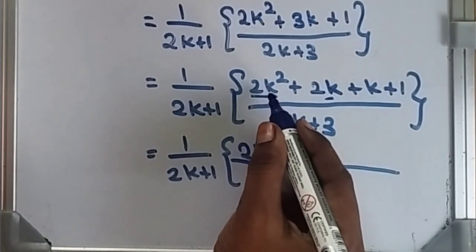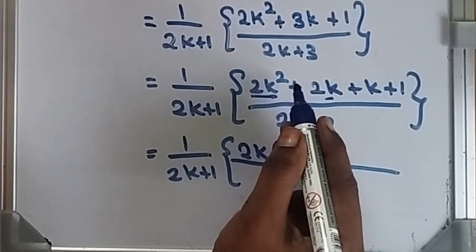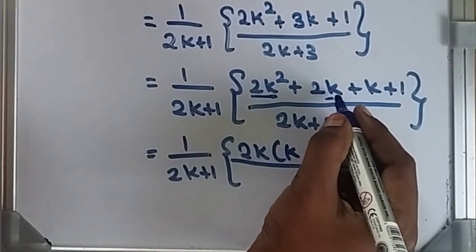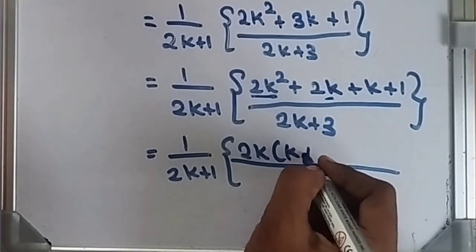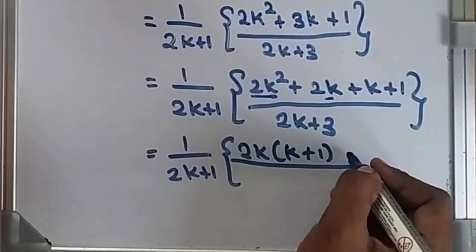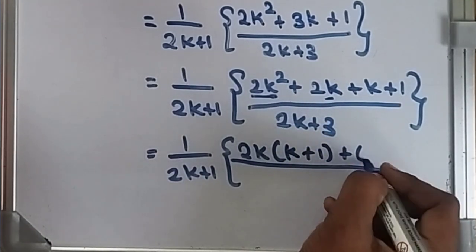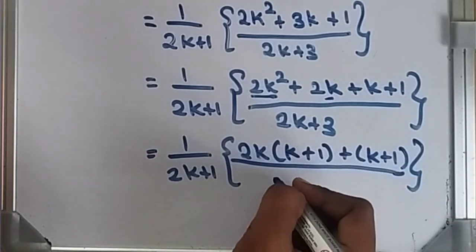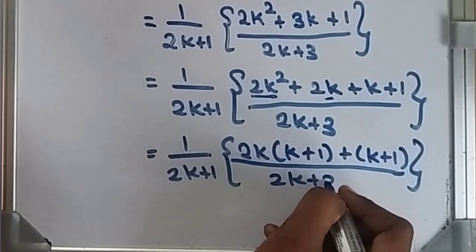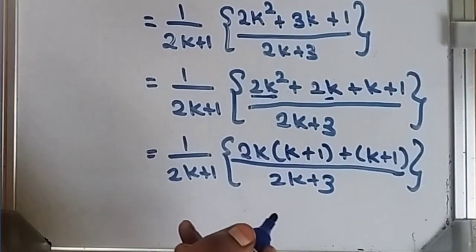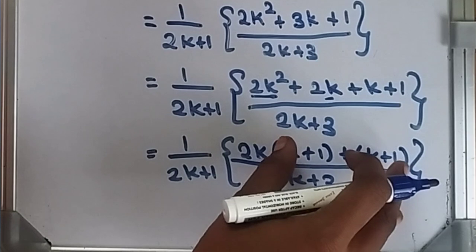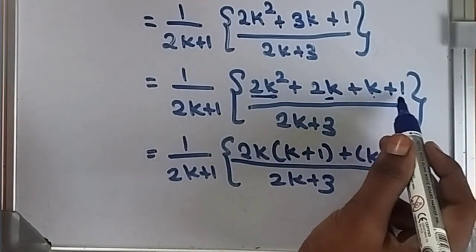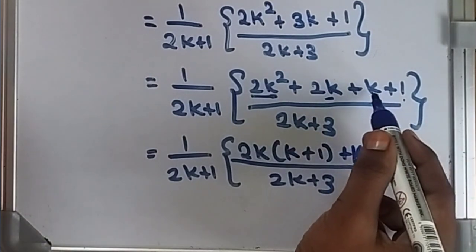What remains here is 2k squared; taking 2k in common, k remains. And from the other terms, taking out 2k leaves 1. I keep this k plus 1, divided by 2k plus 3. So how it becomes like this means I am just taking 1 as common from this k and 1.